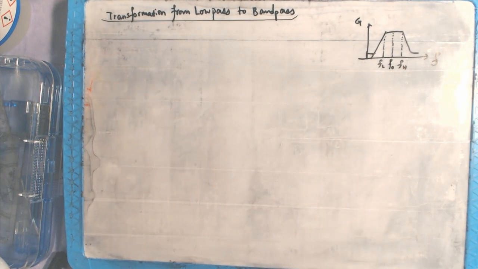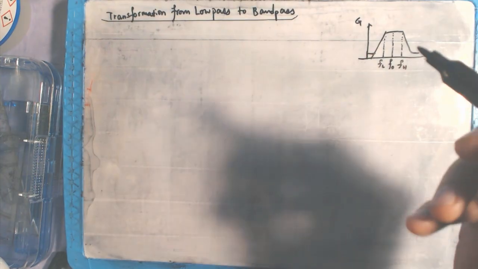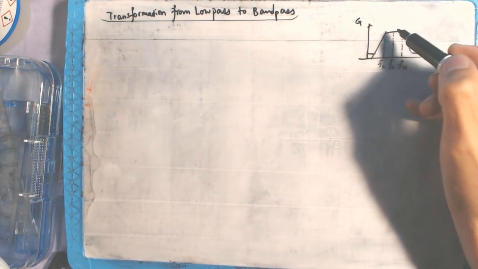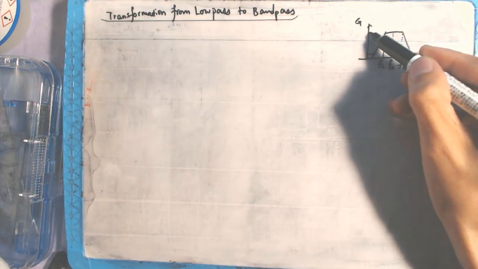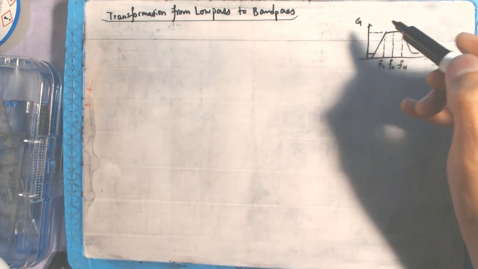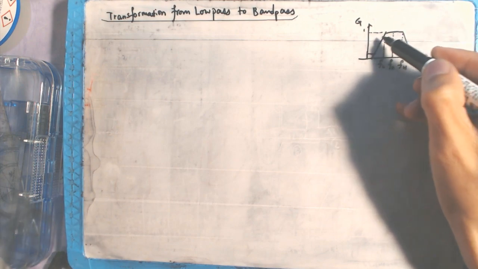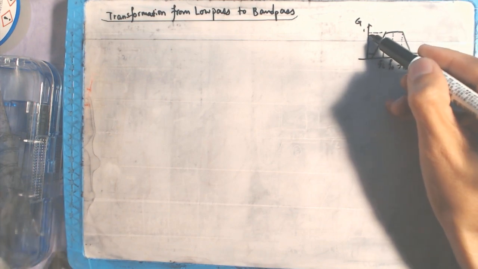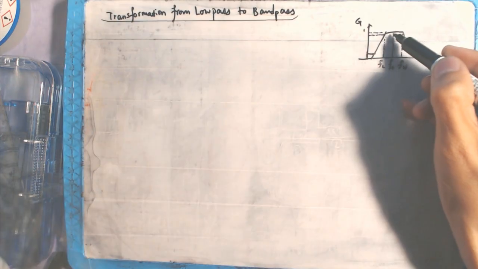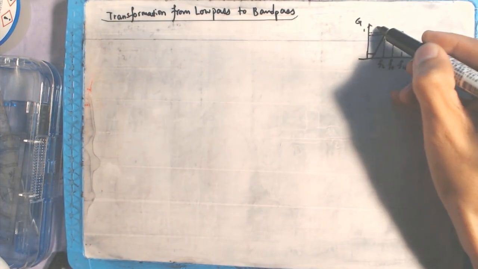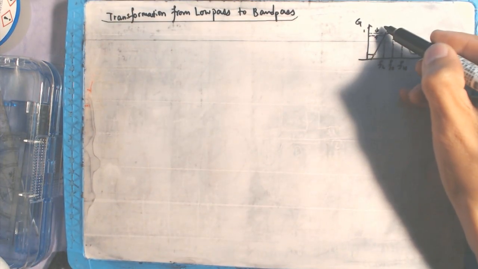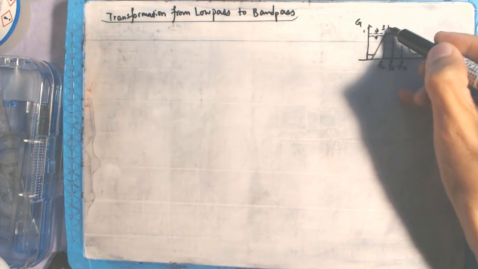The filter has the filter gain, and the gain will most likely be 1, but at the corner here, you always expect a 3 dB loss.